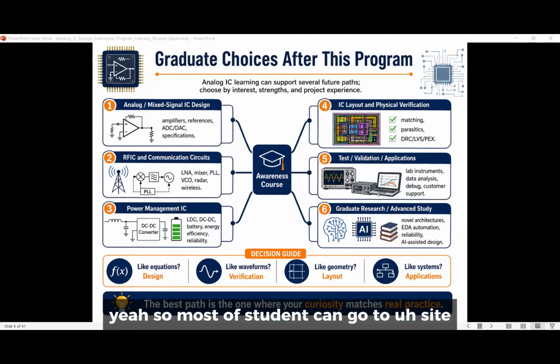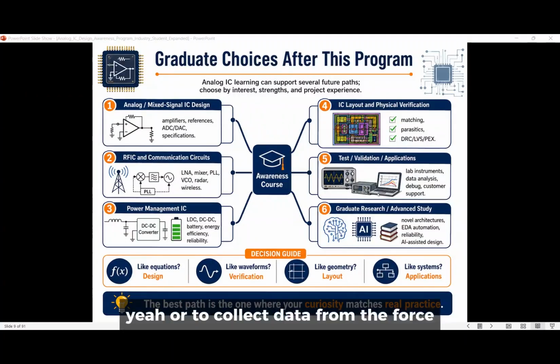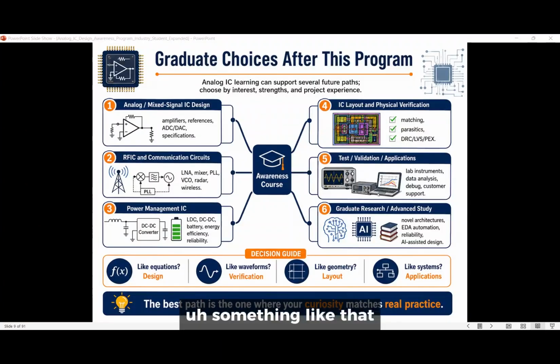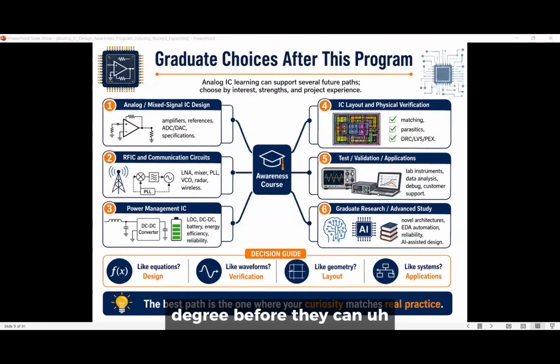Most students can go to, for example, study the usage of some manufacturing equipment, or collect data from the foundry testing, something like that. It's not really analog circuit design. So I believe in the future, more and more students will have to pursue a master or PhD degree before they can really go into the design house.